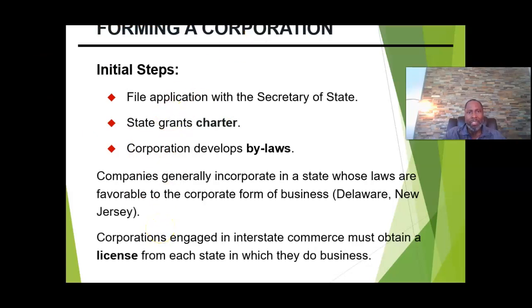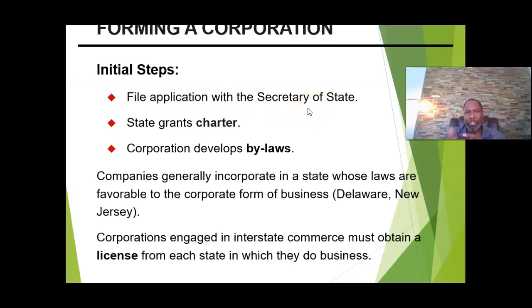Okay? So I'm not going to go through all of these next items, but it gives you instructions on how to become a corporation. It's a how-to type of section. And pretty much you must first complete an application with the Secretary of State.